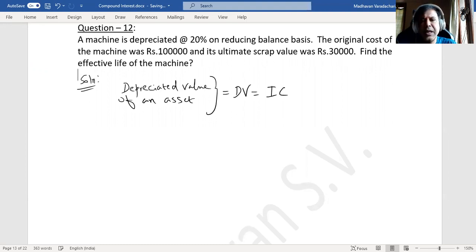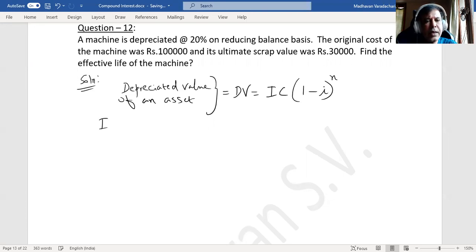It is very similar to initial capital, whatever we had seen in compound interest, times 1 minus here it is, because its value is getting reduced, not 1 plus, it is 1 minus of the depreciation rate. Instead of appreciation rate or interest rate, here it is depreciation rate to the power of number of years, right?